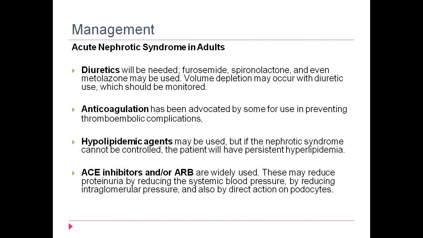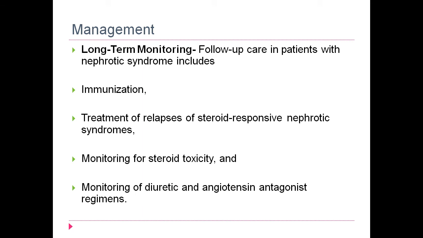ACE inhibitors and angiotensin receptor blockers are used to reduce the blood pressure whenever required. And long-term monitoring is very important. You have to immunize them properly, specifically with capsulated organisms, varicella. Everything in the immunization has to be done, but these are the specific ones.